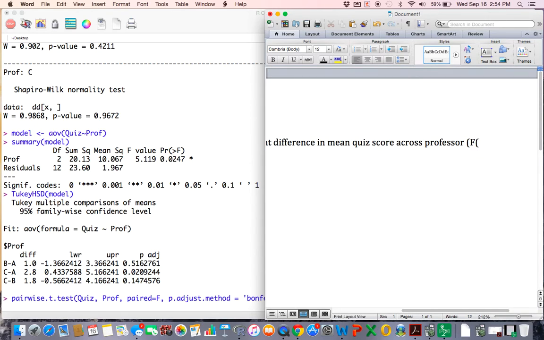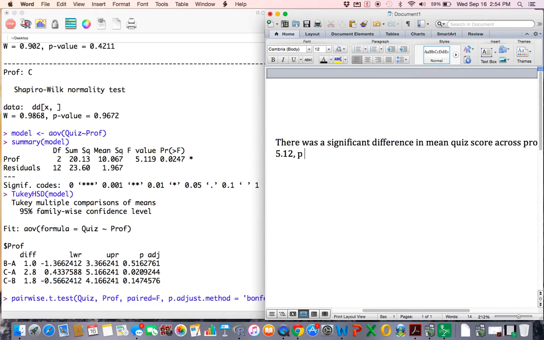So I would report the letter of the test I used. I used the F statistic here because that's the underlying probability distribution that models the comparison. My degrees of freedom are 2 and 12. The F statistic is 5.12.